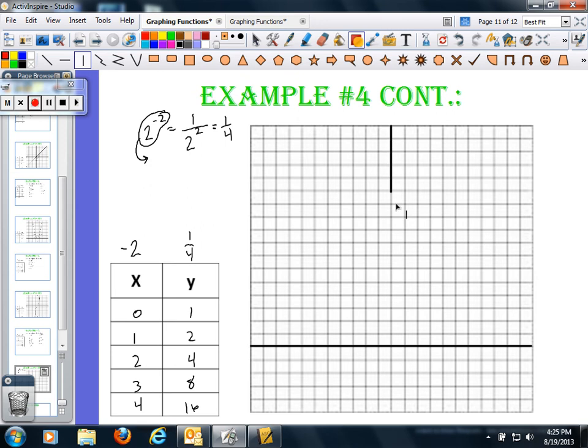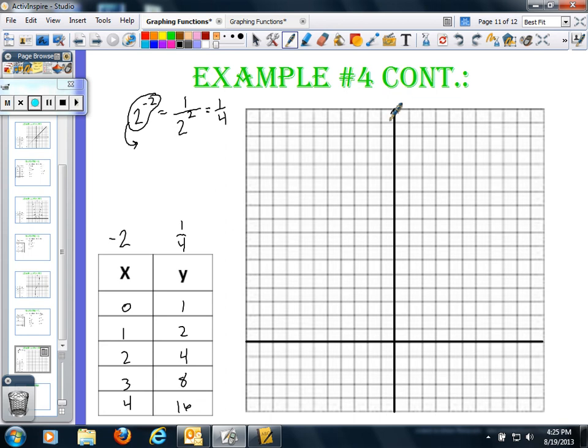And put this one in the middle again. Let's go ahead and draw this. Okay, and let's go ahead and we're going to use negative 2. It's just going to be harder to do because of where it's located. Okay, so negative 2 is going to be right about there. It's going to be kind of hard to do.